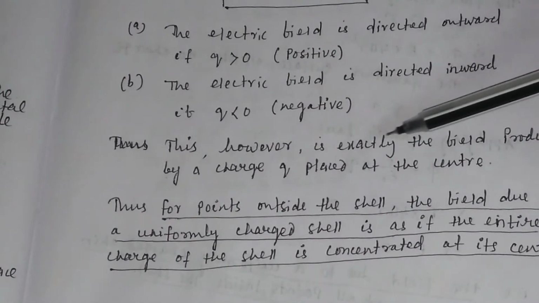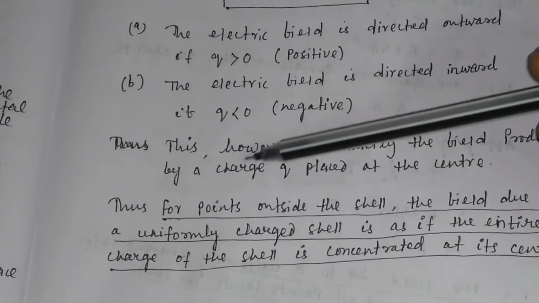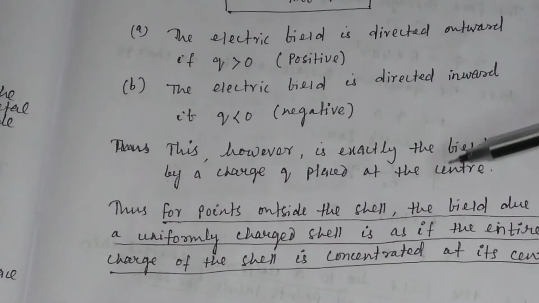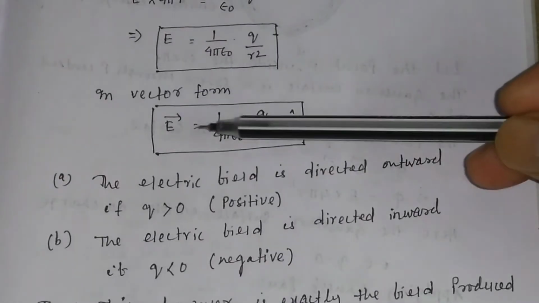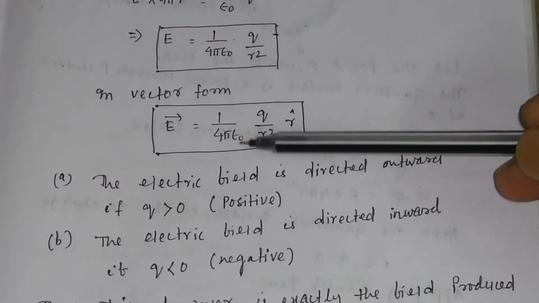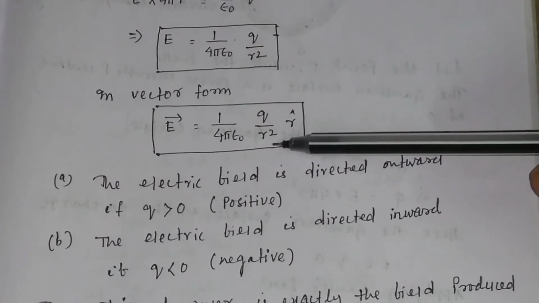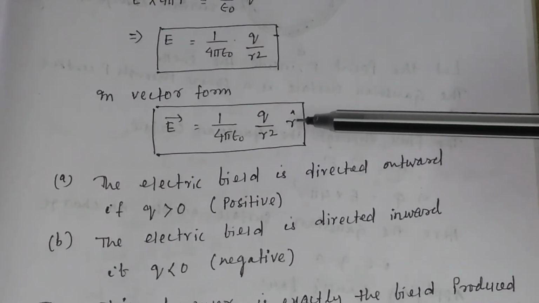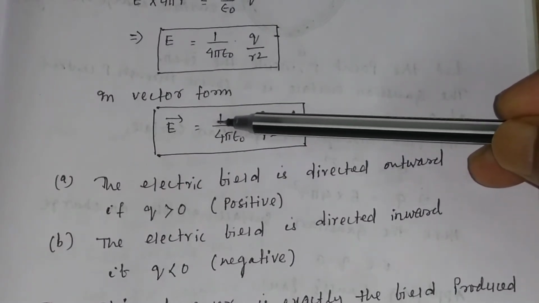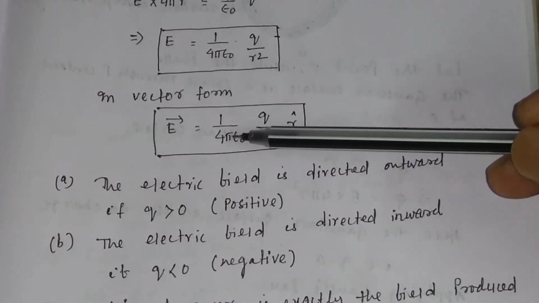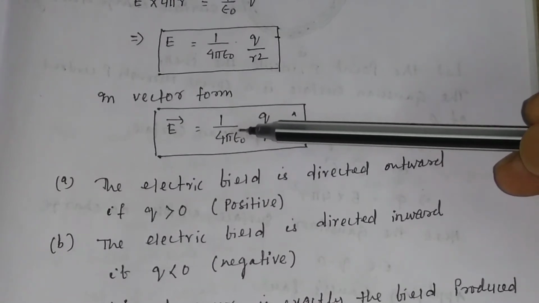This, however, is exactly the field produced by a charge Q placed at the center. You see the expression for the electric field, E equal to 1 by 4 pi epsilon 0 Q by r square into r cap. So this is exactly the equation of the field which is produced if a charge is placed at the center of the sphere.